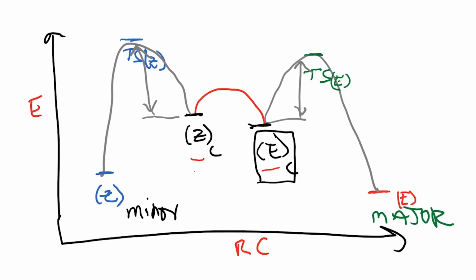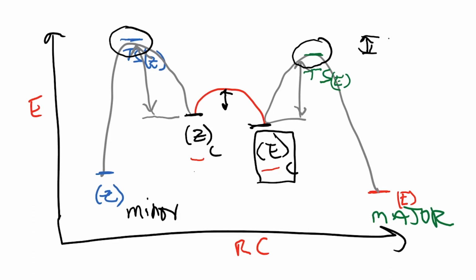Okay, but that is not really going to help us explain the result because this barrier is extremely low. Okay, so like we discussed, it's about 10 to 12 kilojoules per mole, and that's easily accessible at room temperature. So what may be more likely is that the transition state or the barrier to the formation of the E product is lower than the barrier that is encountered to form the Z product.